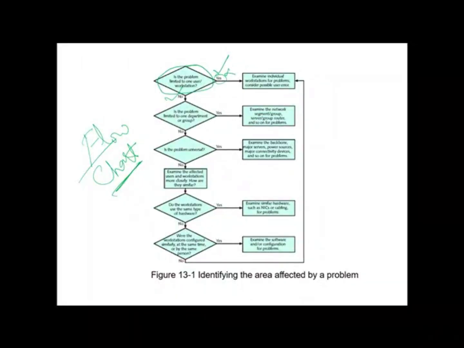is the problem limited to one department or group? If yes, again you need to examine this, or if it is no, then you need to move to the next step.